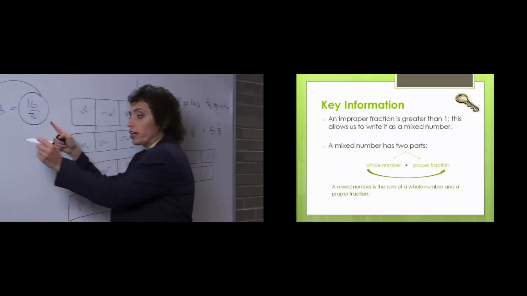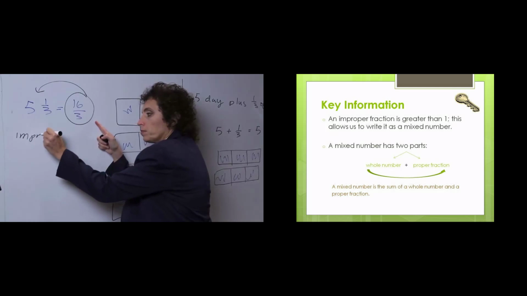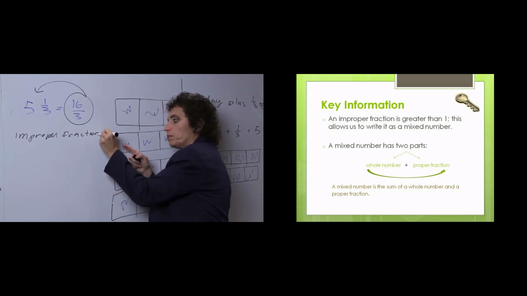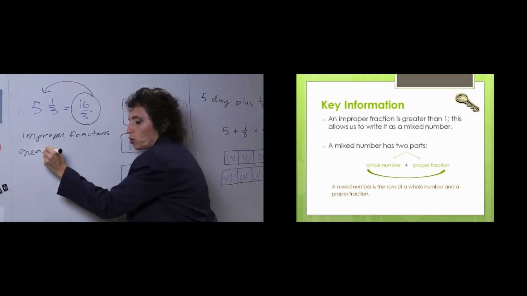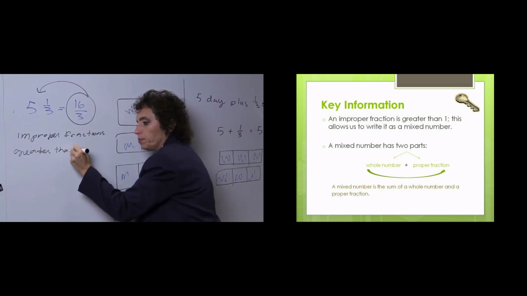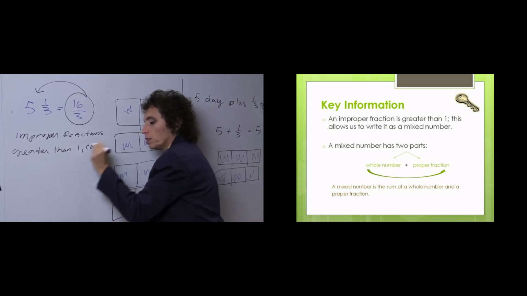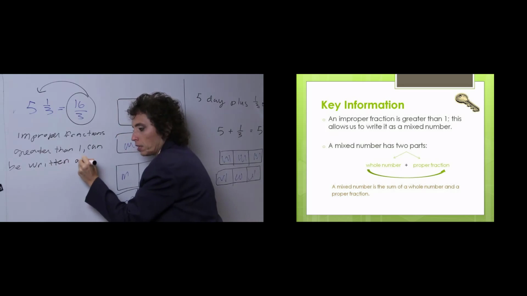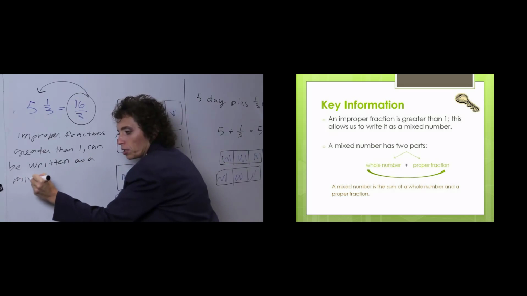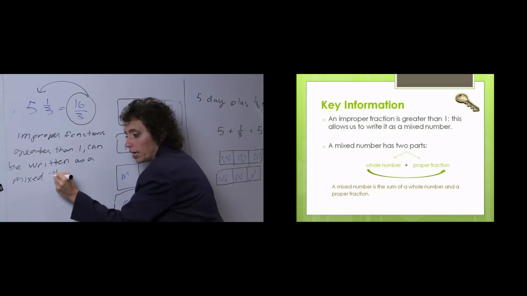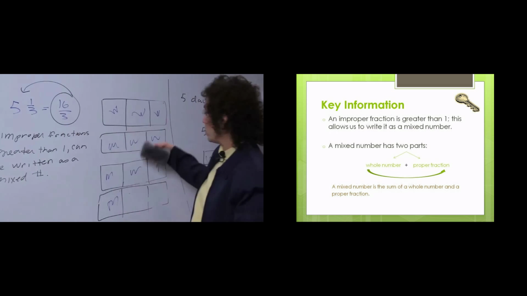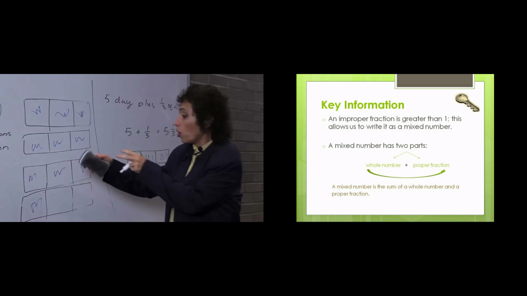Okay, so improper fractions greater than 1 can be written as a mixed number. So let me talk about that for a second, and then I'll show you how to do it a quick way without this big drawing, because you may not be as artistic as I am.